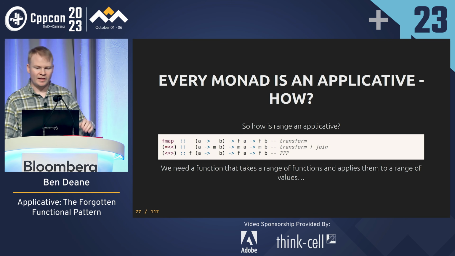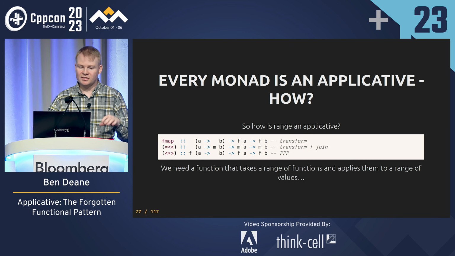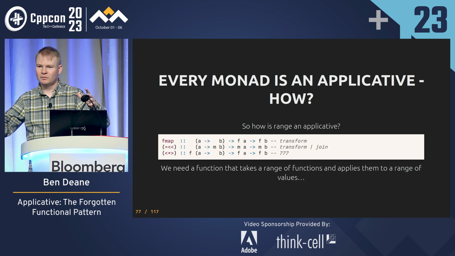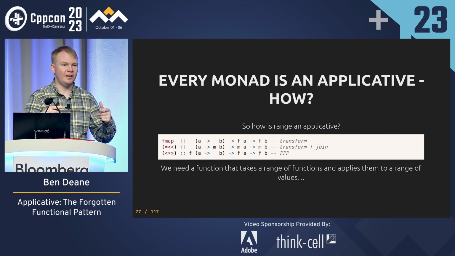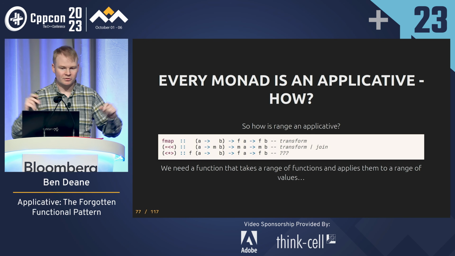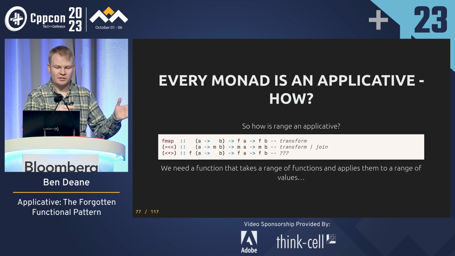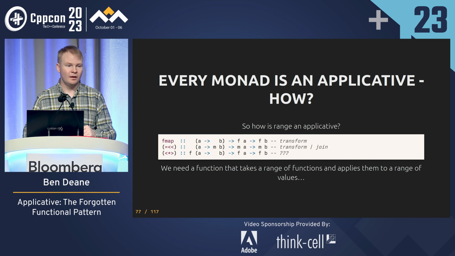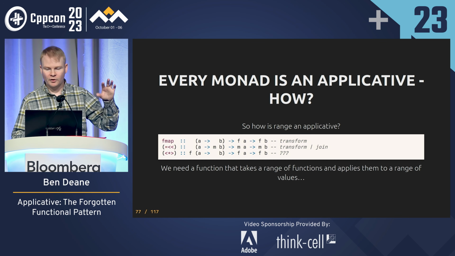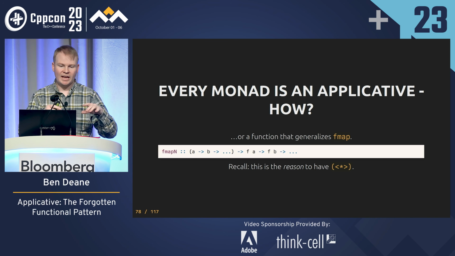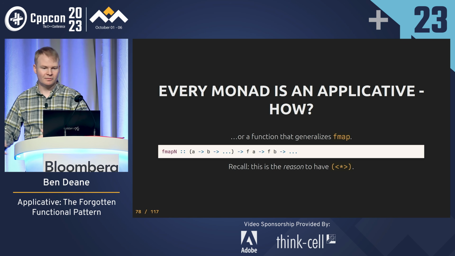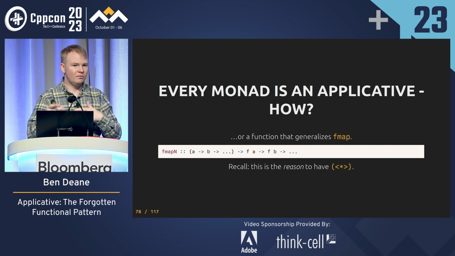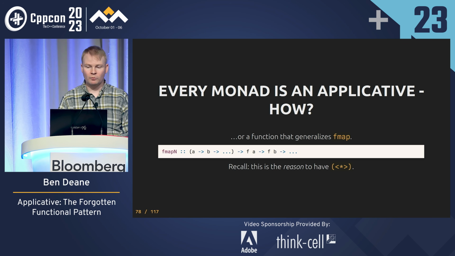We need a function that takes a range of functions, right? In the classical formulation, the function in the functor is going to be a range of functions and applies those to a range of values, right? Or alternatively, a function that takes a function of n values and n ranges, right? The variadic formulation I showed.